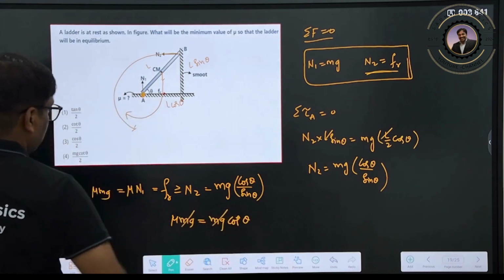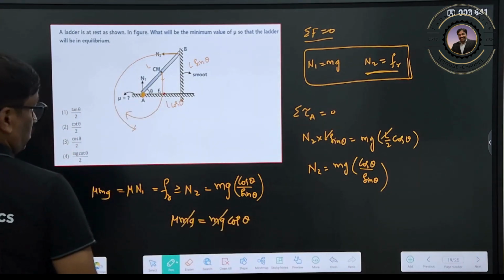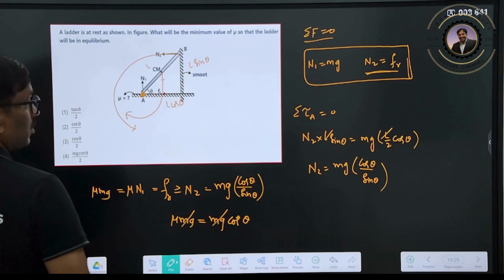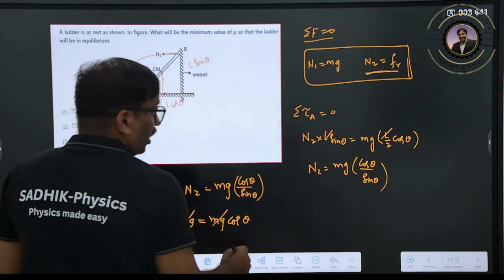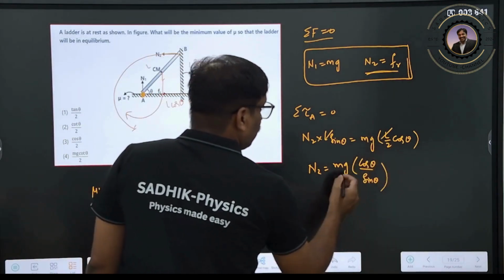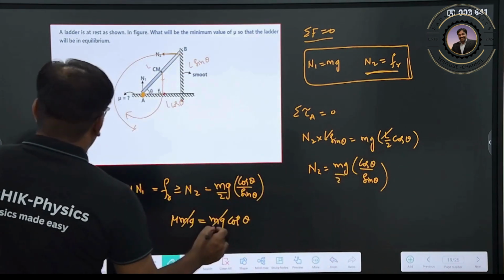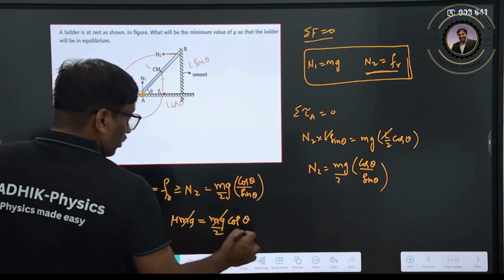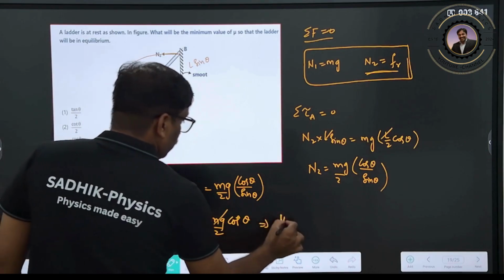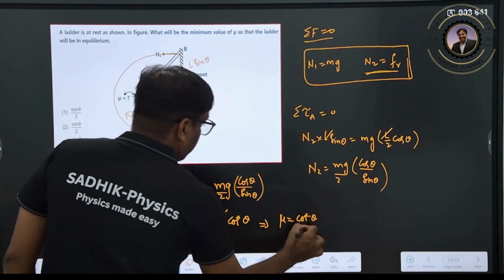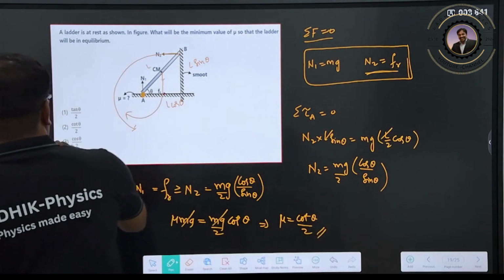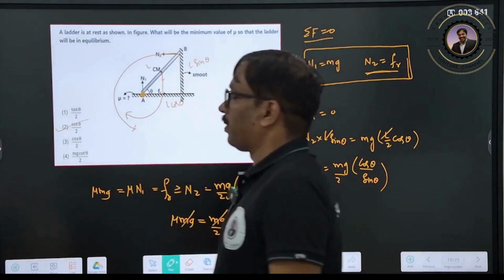Mg and mg cancel. Sorry, here L by 2 is there, so this is by 2. That implies mu is equal to cot theta by 2 will be your answer. So the second option, cot theta by 2, will be your correct answer.